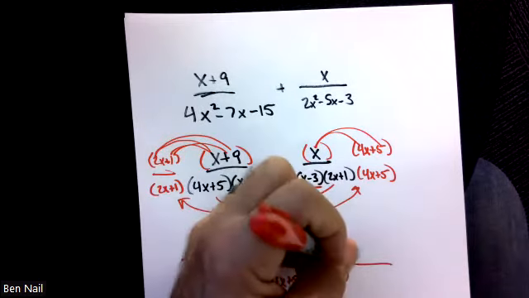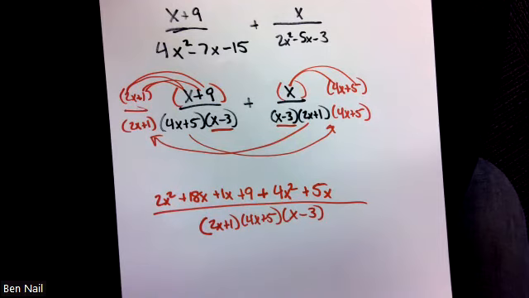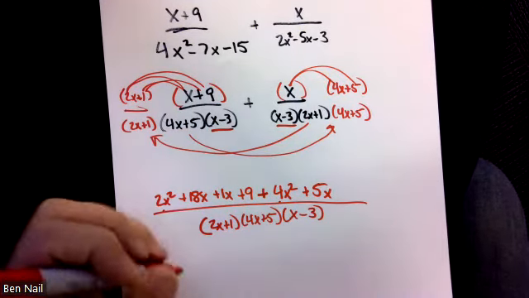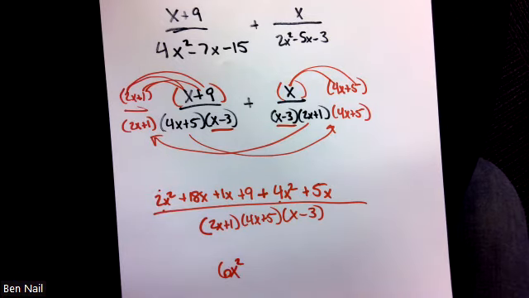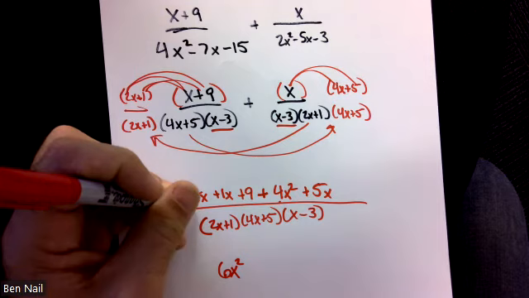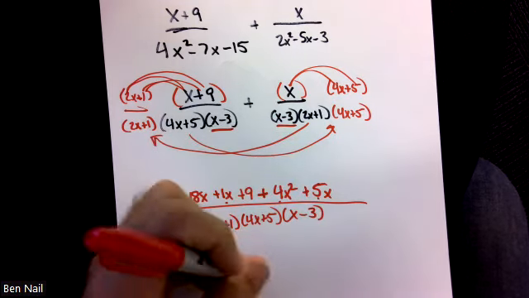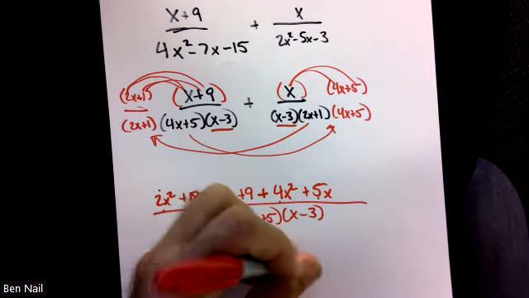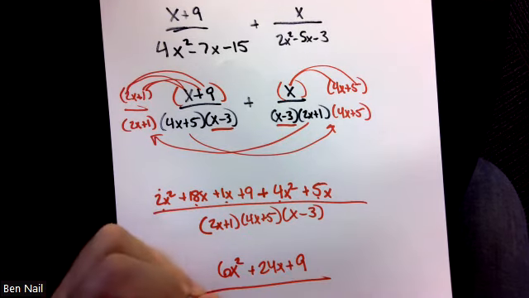X times 5 is 5x. Now we do have some like terms that we can combine, so we need to do that. 2x squared plus 4x is 6x squared. 18x plus 1x plus 5x is 24x. 9.